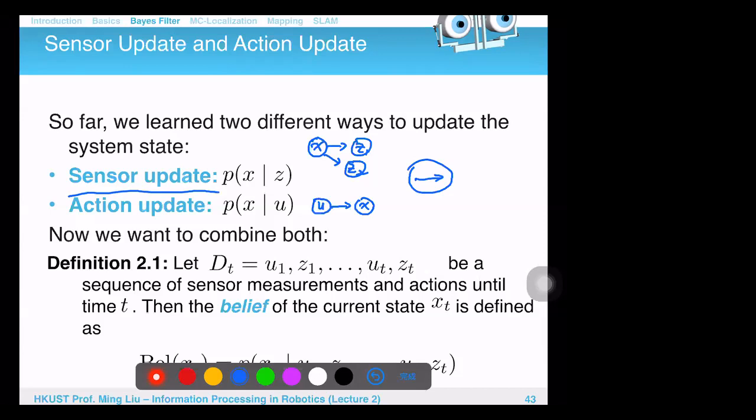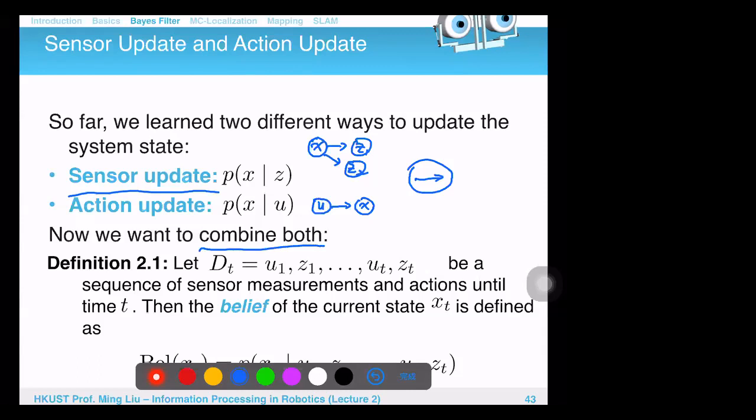Your U can directly control the state, a direct effect on the state, but the Z will not affect the state. It is the reverse: your state X will determine the Z. So all the arrows start from X to Z, but they start from U to X. Now we can combine both.